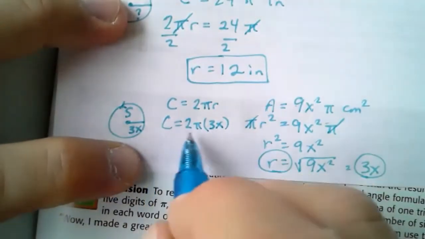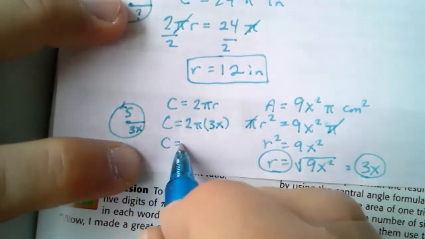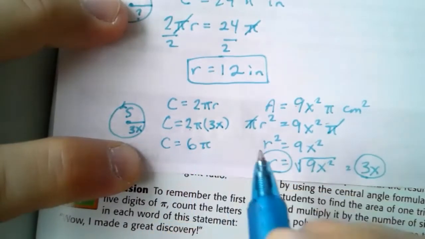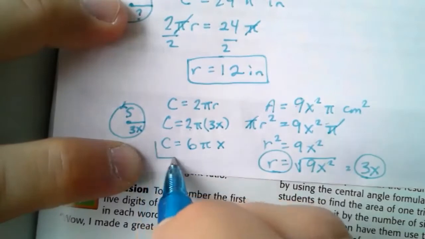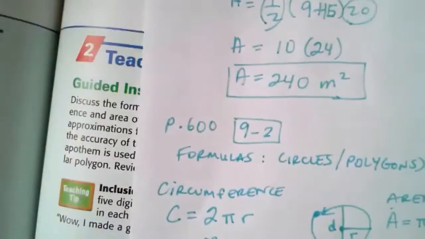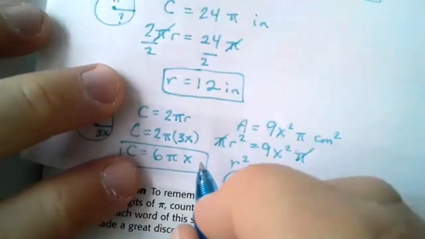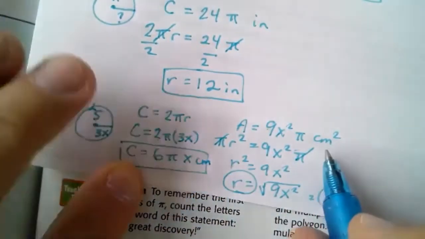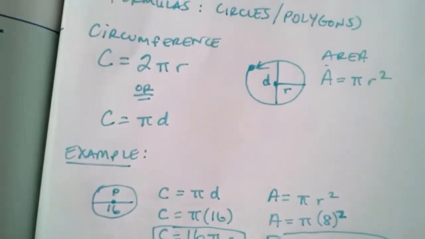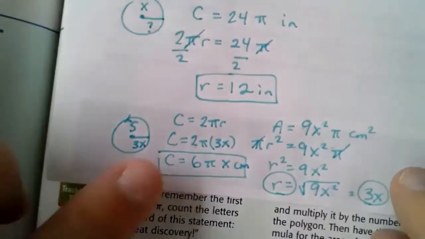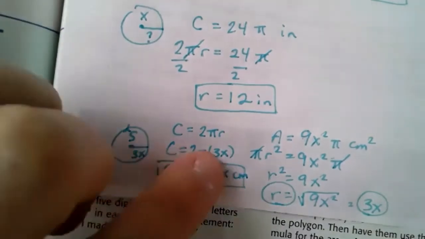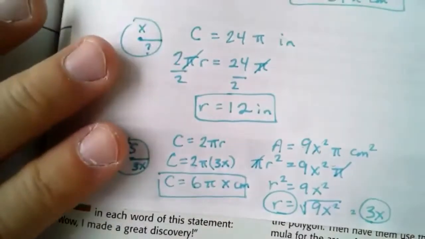So now I'm going to rework this, and 2 times 3 is 6, pi is pi, x is x, leave it just like that, and that's going to be my answer in terms of centimeters, because it was centimeters squared earlier, okay? So my final answer is 6 pi x, just like that, or 6x pi, whichever way you want to write it, okay?